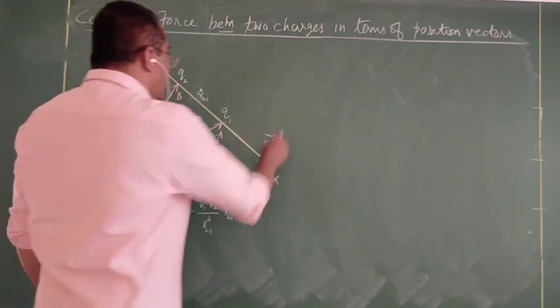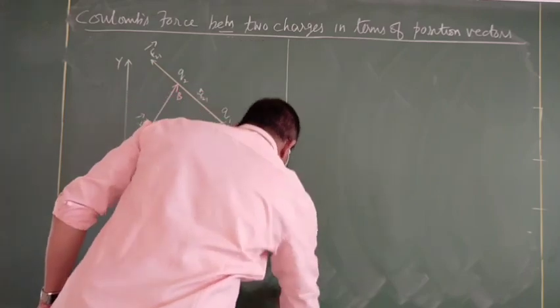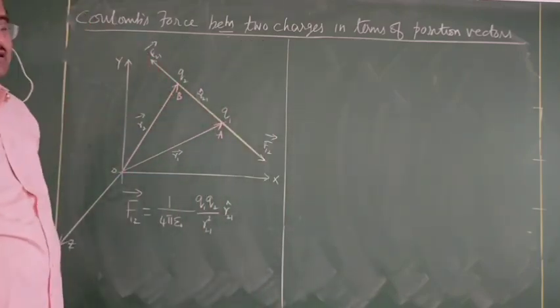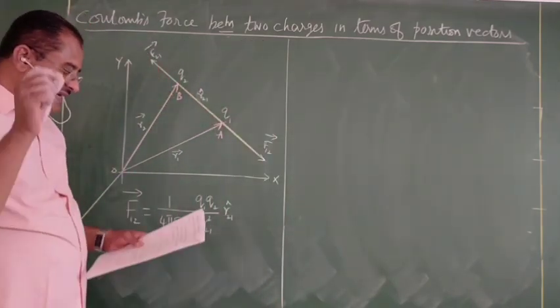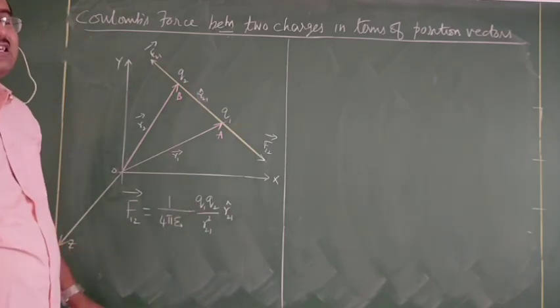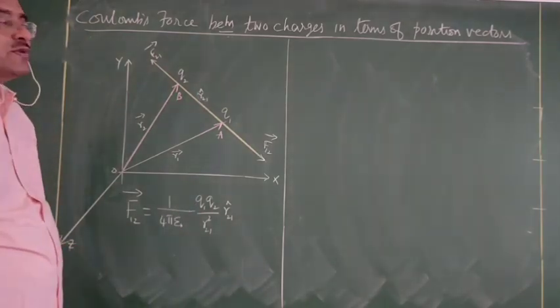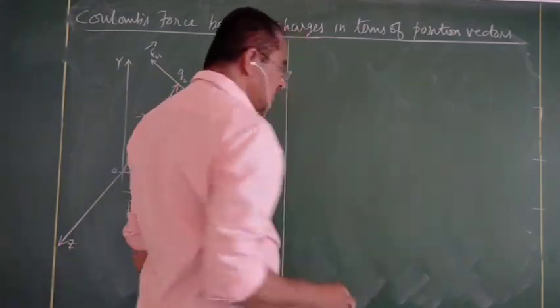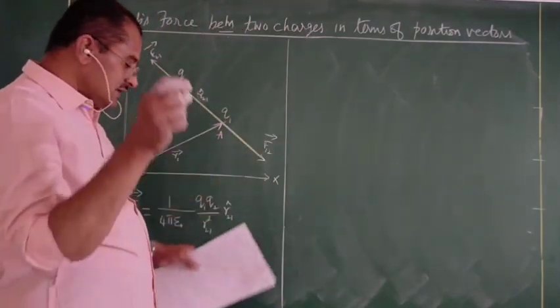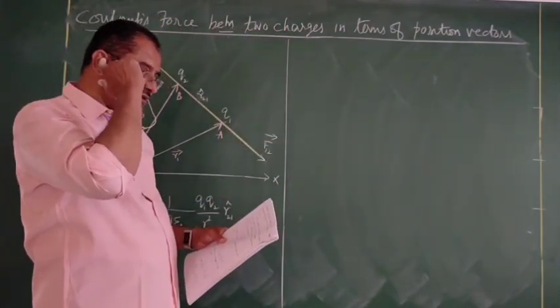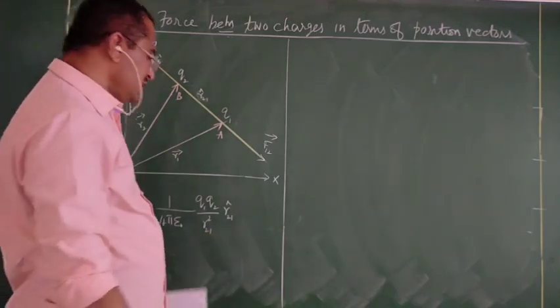Now, if a vector is divided by its magnitude, you get a unit vector. I repeat, a vector divided by its magnitude will give you a unit vector.